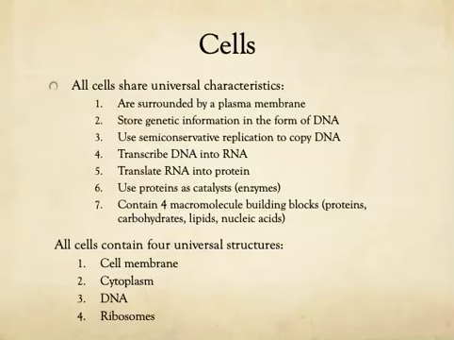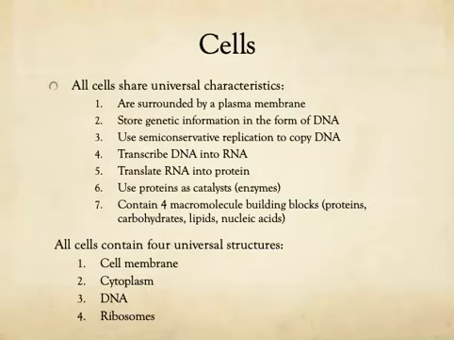Now, when we compare one type of cell to another, they can look very different. They function very differently. When you compare prokaryotes and eukaryotes, there are lots of differences. But there are certain things that all cells have in common. There are what we refer to as universal characteristics of cells, and I have 7 of them listed here that you should be familiar with.